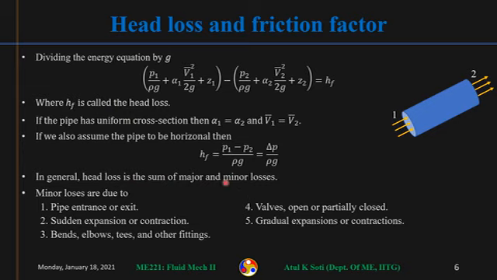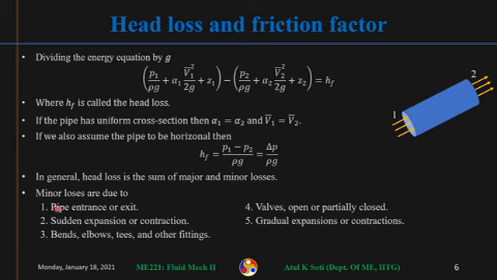What are minor losses? Minor losses are due to effects such as pipe entrance. So what is pipe entrance? We were assuming that the pipe flow is fully developed, but imagine that if water enters a pipe with uniform velocity, it will take some time for the flow to become fully developed.